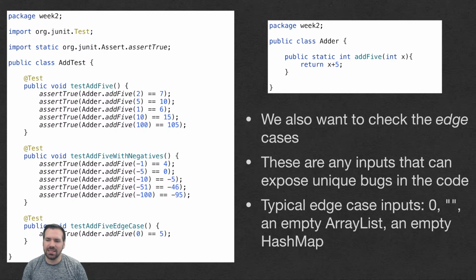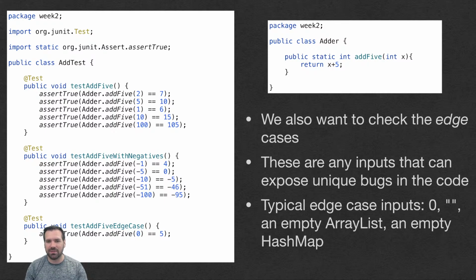These edge cases are usually our empty values. So 0, empty string, an empty data structure. And usually in the handouts, in this course at least, the handouts will specify what to do on edge cases. So if it's an empty array list, an empty linked list, an empty hash map, there will be a specific bullet point that says, if it's empty, do this. The average of an empty array list, what is that?